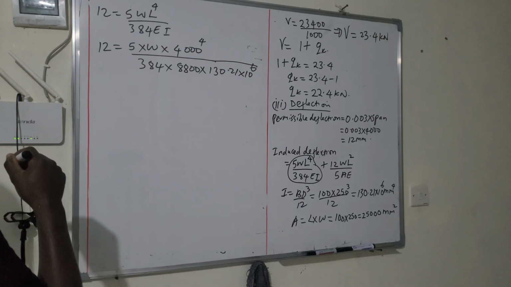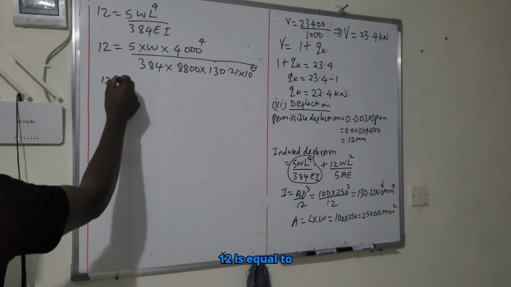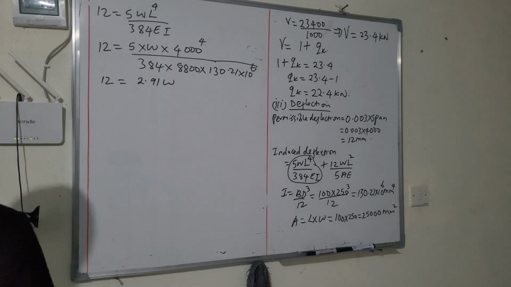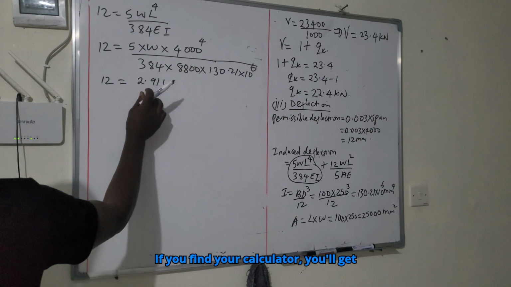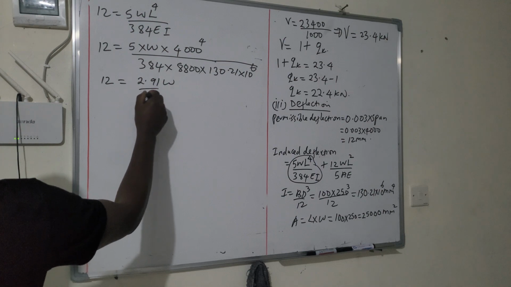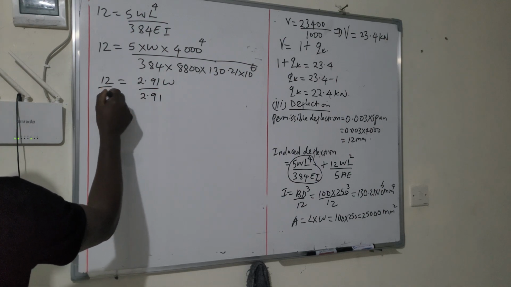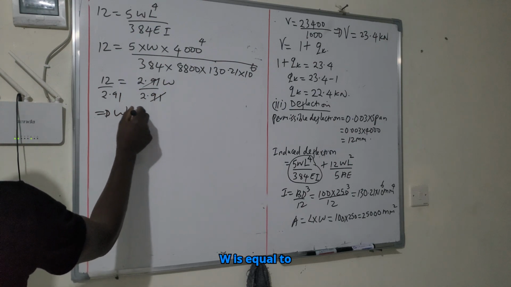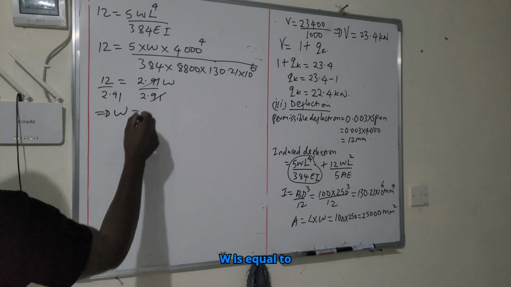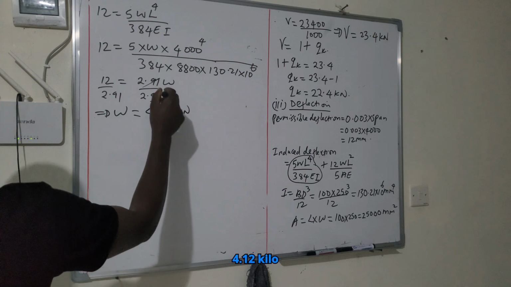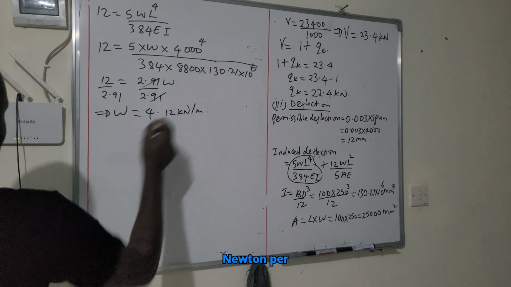So it means 12 is equal to 2.91 W. If you punch your calculator, you will get 2.91 W. And then you divide both sides by 2.91. Which imply W is equal to 4.12 kilonewton per meter.